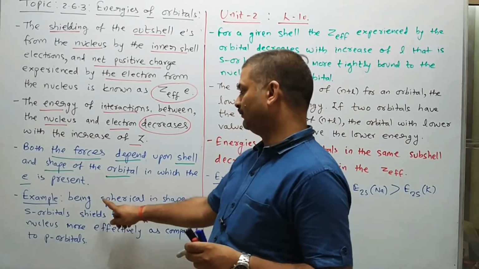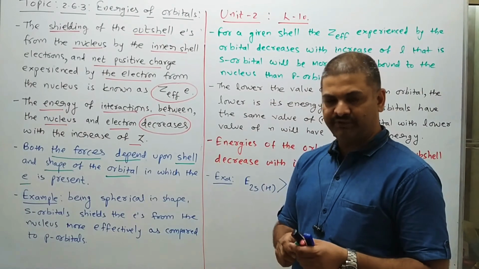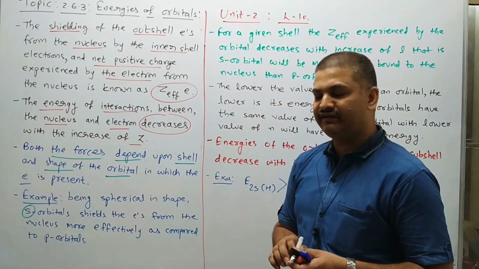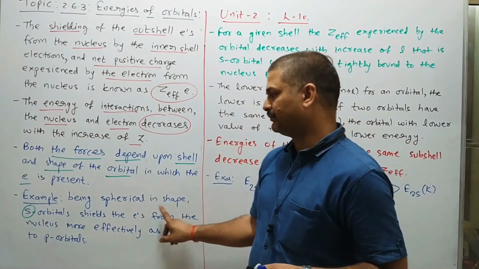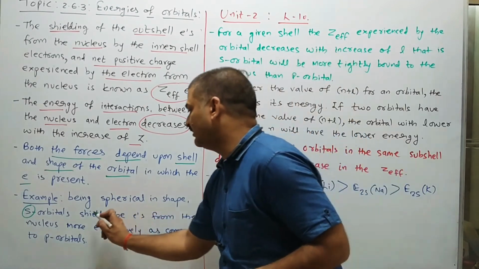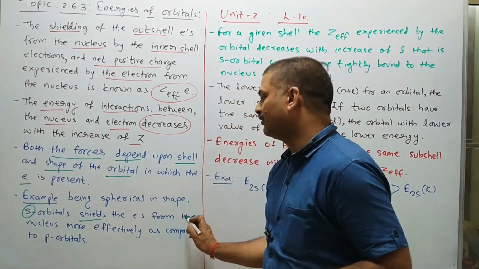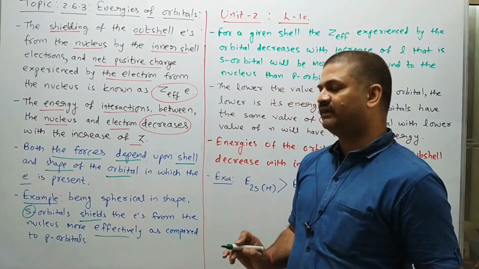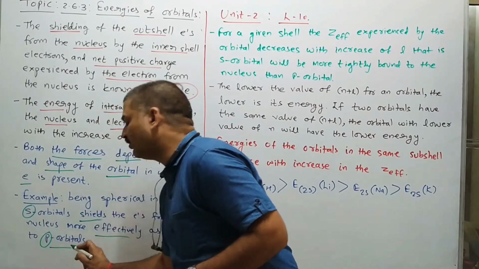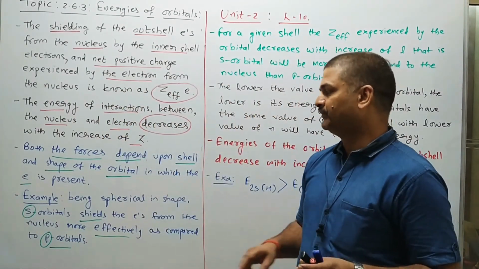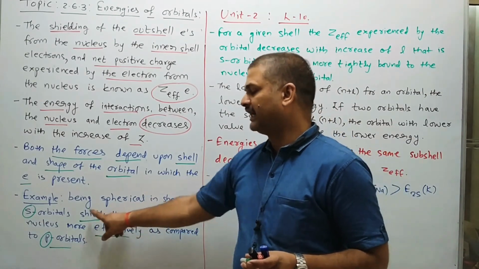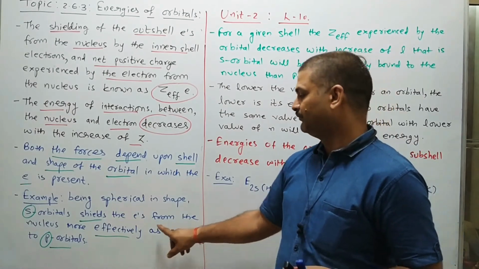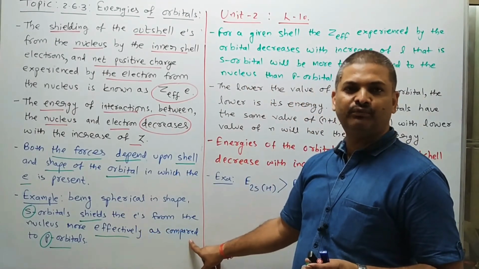For example, देखो, being spherical in shape, the s orbital, you know, is spherical in nature. So being spherical in shape, the s orbital shields the electron from the nucleus more effectively as compared to the p orbital.